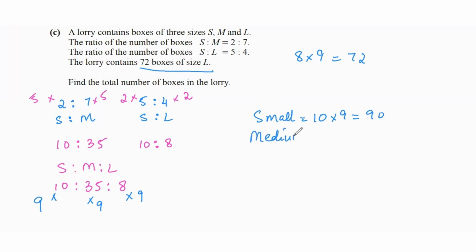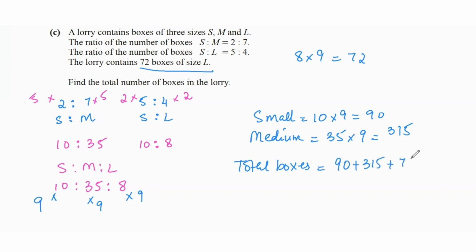Medium is 35 times 9, which is 315. So total boxes are going to be 90 plus 315 plus 72, which is going to give us 477 as the total number of boxes.